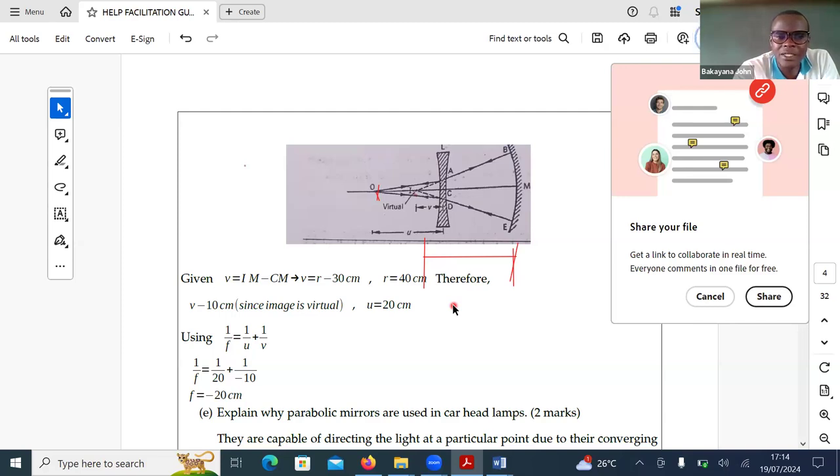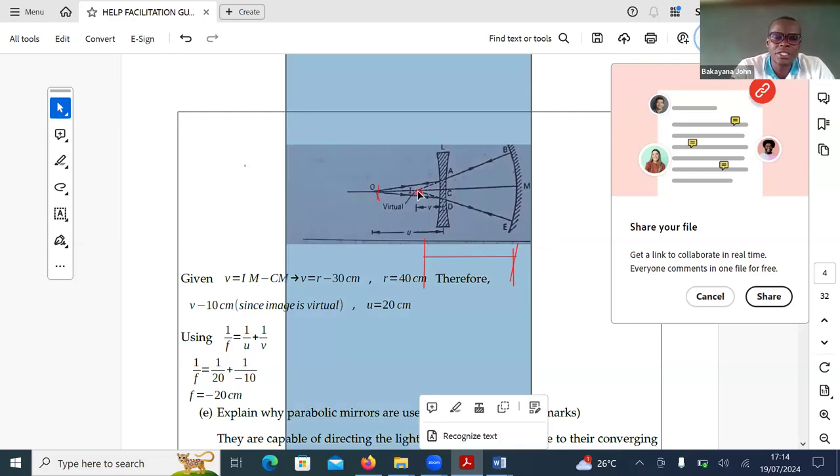Then the remaining distance is the virtual image distance due to the concave lens, which is V. But we know that IM is the radius of curvature of the mirror, because when the image and the object coincide, rays meet the mirror at 90 degrees, meaning that if you trace them back, they appear to be coming from a particular point.